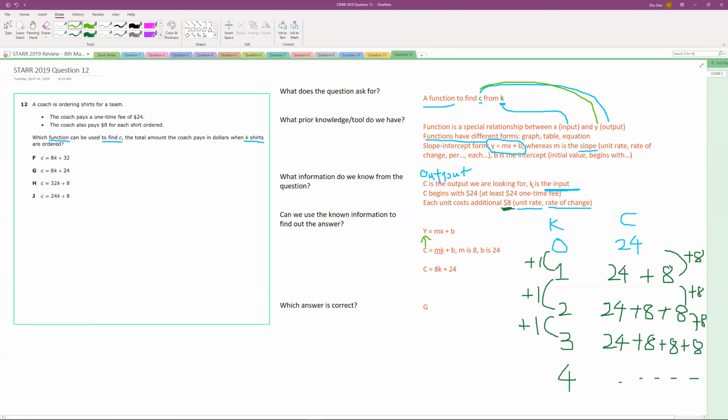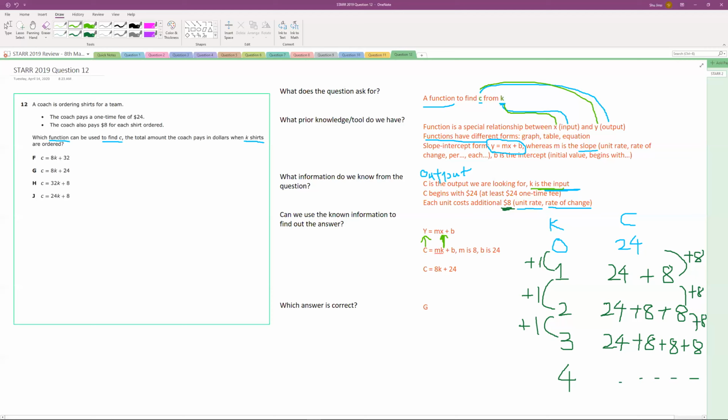And we know K is the input, K is the X. So we're going to substitute X with K, okay? So we are going to write this formula as C equals m times K plus b, because we substitute X and Y with K and C.